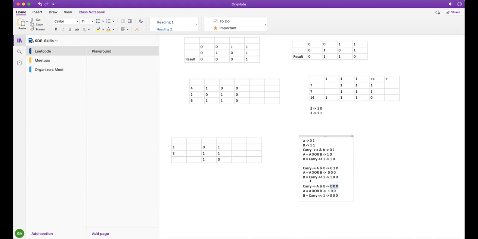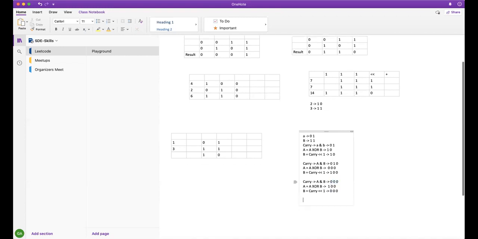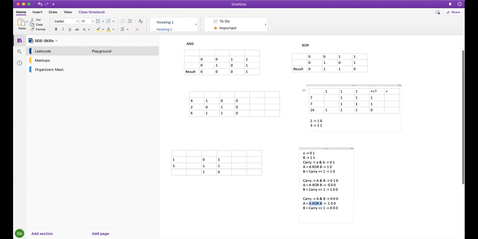So we will keep repeating these operations until our B becomes 0, because that's the carry. We got the carry, and then the carry we are shifting left by 1 bit, which we again need to add to A using A XOR B. Because we saw XOR will simply merge the bits which are different, and will give us the carry, which needs to be shifted left by 1 bit to do the addition again.